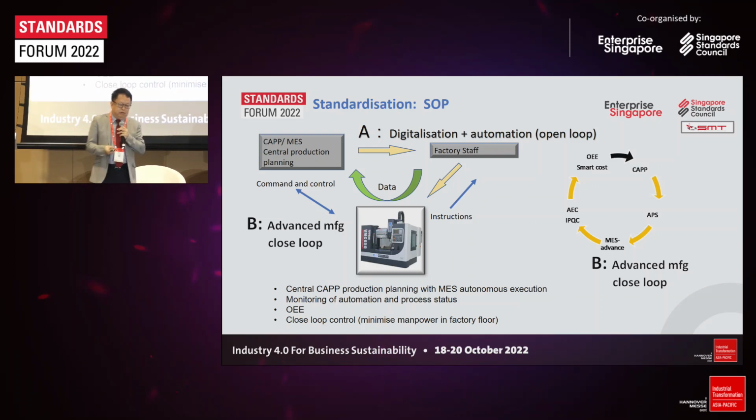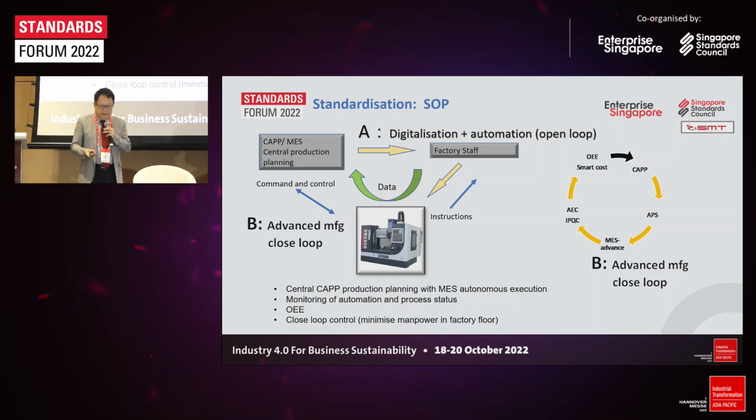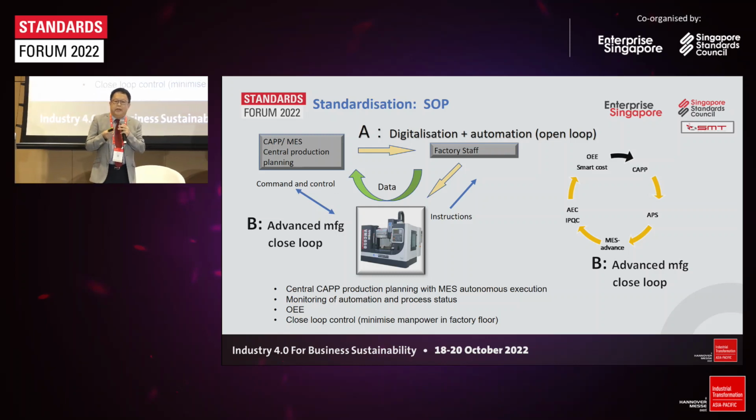Now, in this slide I will share with you the difference between digitalization, automation, and advanced manufacturing. If you look at a lot of these solutions provided, in digitalization the planner, or what we call CAPP, is the planning system.